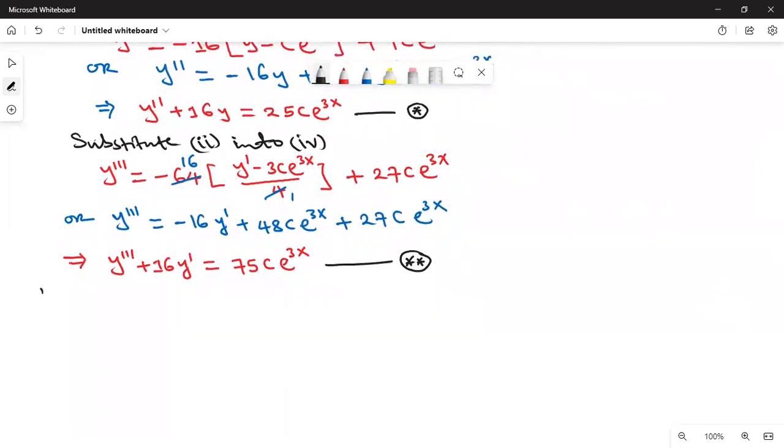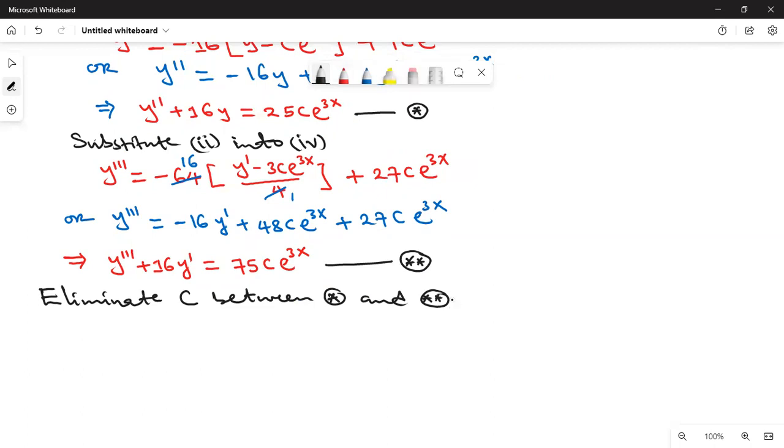So you now write eliminate c between equation star and star star. How do we get rid of c? Look at the coefficient of c in the first equation, that is star, that is 25. What about in equation star star? It is 75. I want to make those numbers the same, so I'll have to multiply equation star by 3.